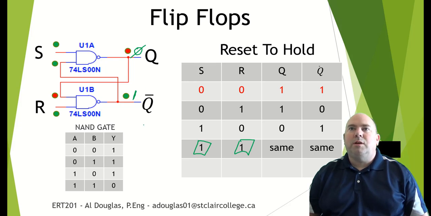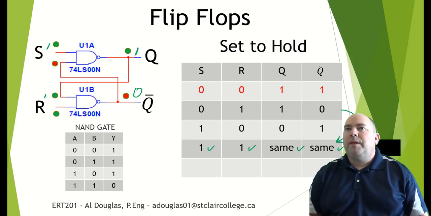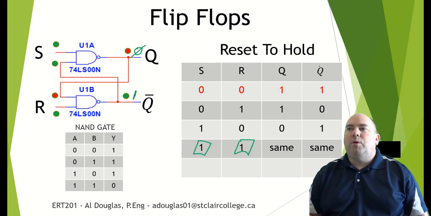The inputs are the same in both conditions, but the difference is we went from the set condition, this is where we were, and we moved to the hold condition, versus we were in the reset condition and moved to the hold condition.